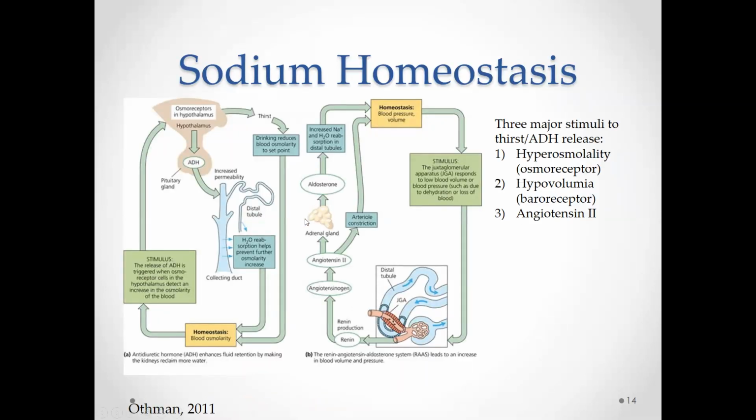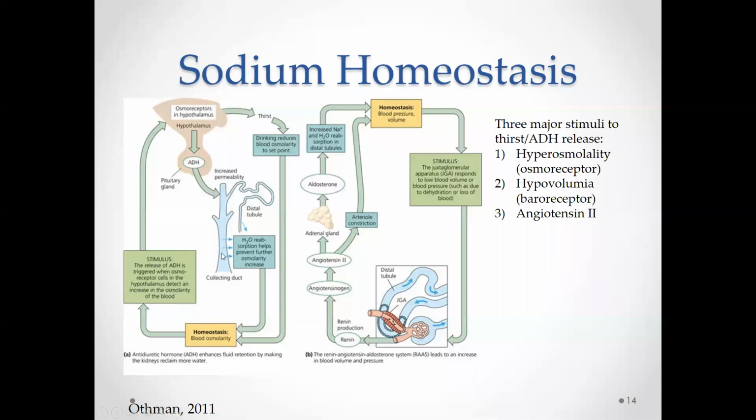Here's a closer, more graphic presentation, where the osmoreceptor will perceive a change in osmolality and cause ADH release from the hypothalamus, or ADH triggered to release from the posterior pituitary gland. And then there is also a thirst mechanism here.